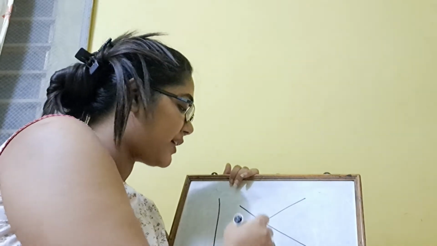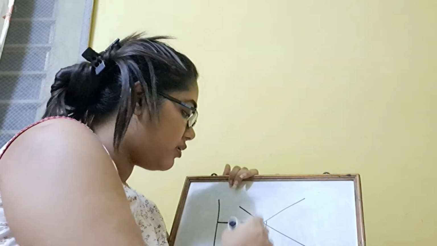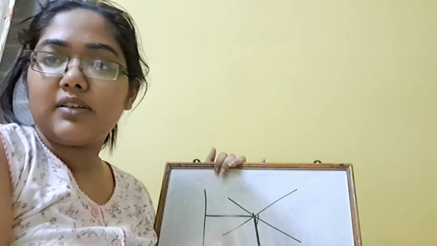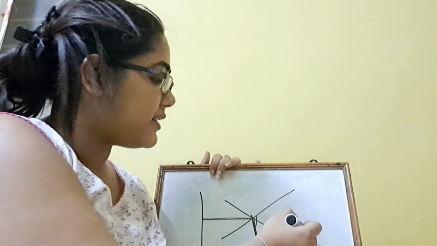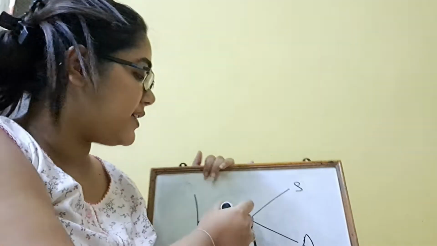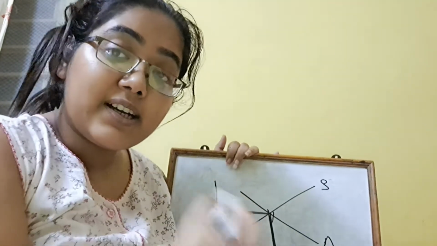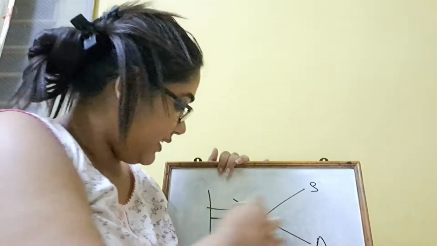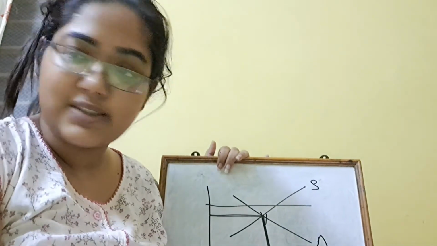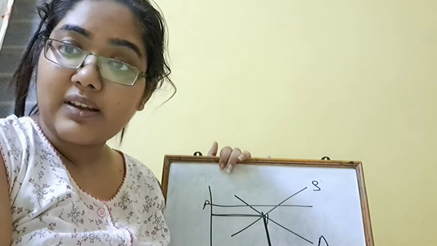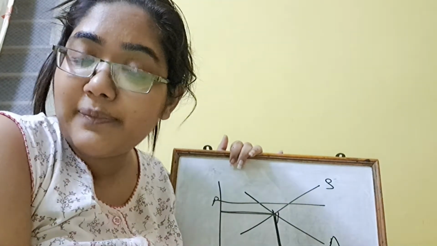Say in the cigarette market, this is the demand curve, and this is the supply curve. It is intersecting at price P. Now, if the government increases the price to this portion, this is desirable for the economy, right?